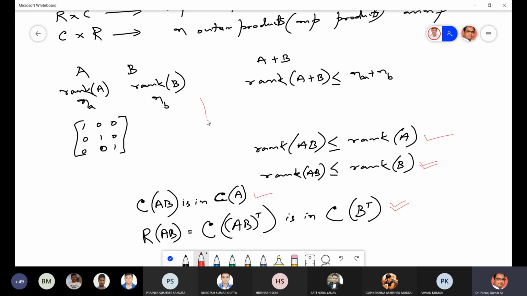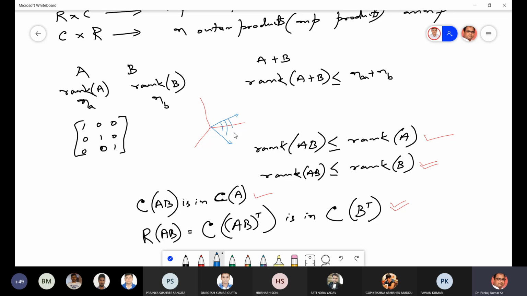So I have matrix A. Let me put matrix A in blue color. Matrix A has one vector this and another vector this. These are two independent vectors, and you know the column space between these two.